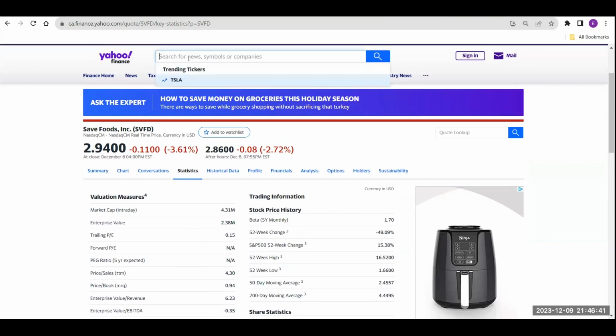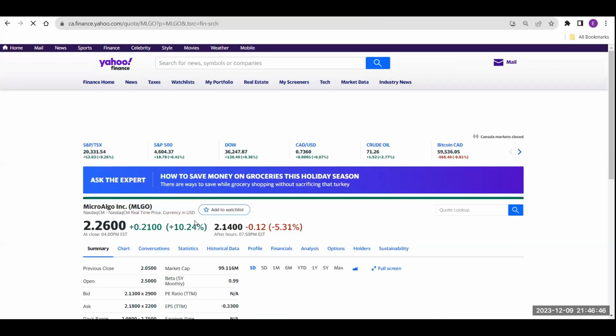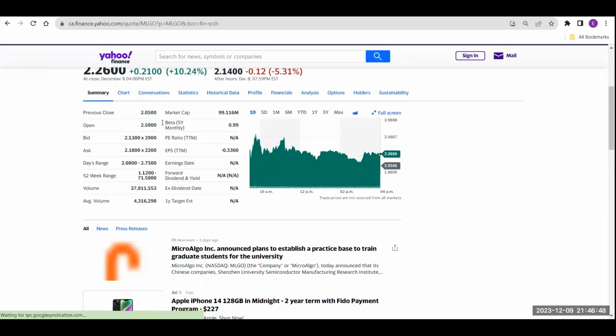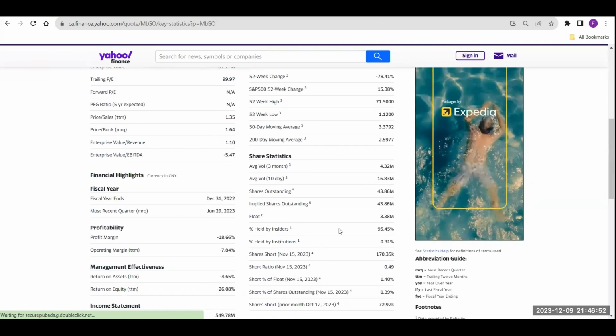Like MLGO, I think, what was another. This is 99 million and the float was 3 million. But this is aftermarket, so it should be 5, 6 million, 7 million.